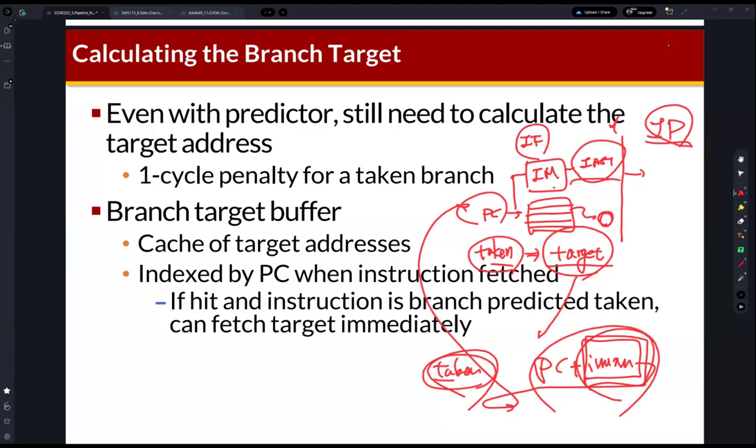If we only know the target of a branch instruction in the ID stage, then still one cycle will be wasted, even though the predicted value is correct and taken. So how can you solve this issue?